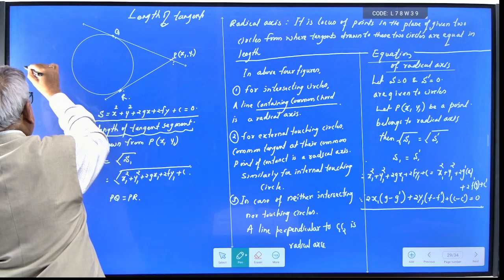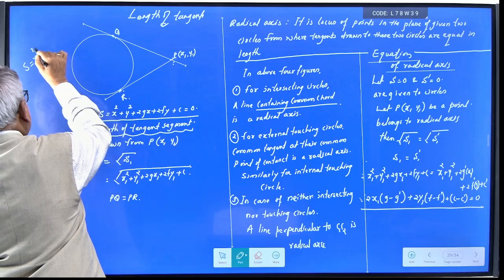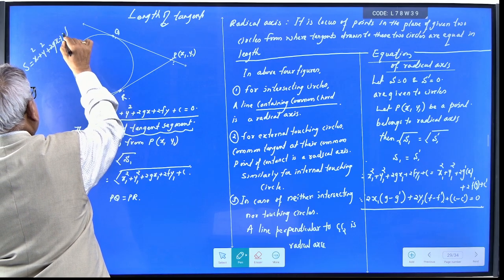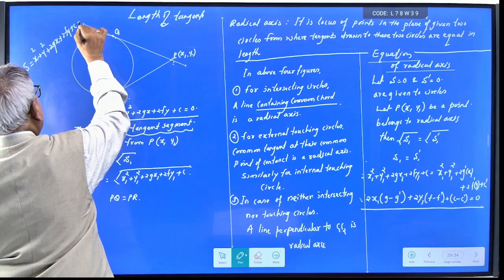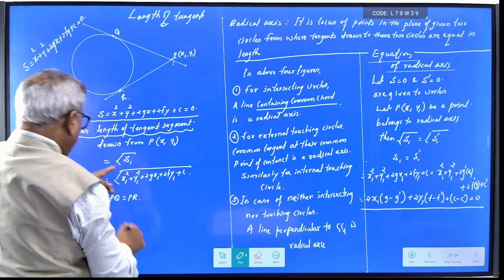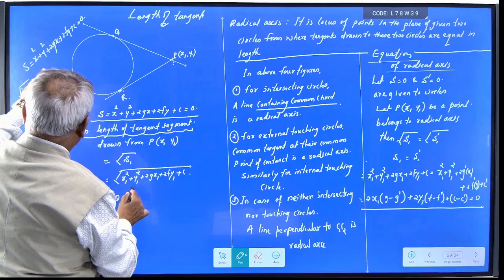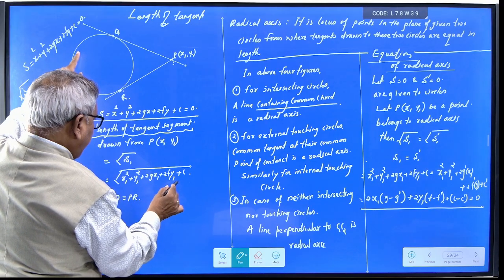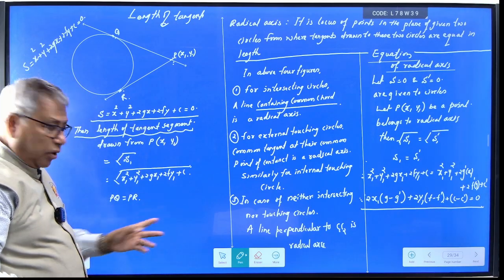What is S? S is equal to x square plus y square plus 2gx plus 2fy plus c equal to 0. So root S1 means root of x1 square plus y1 square plus 2gx1 plus 2fy1 plus c, only, not equal to 0. That is the length.